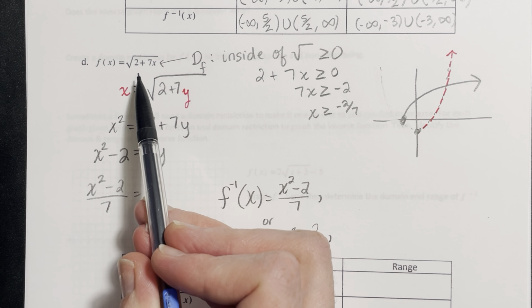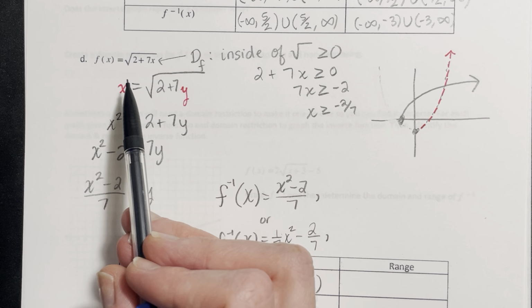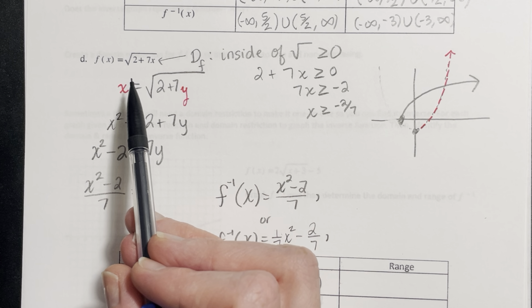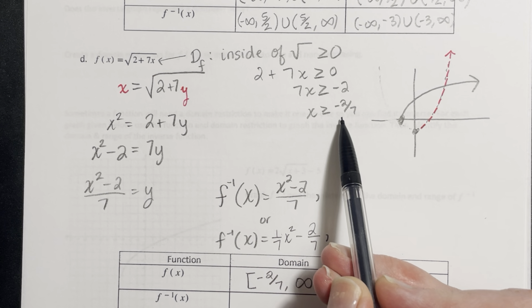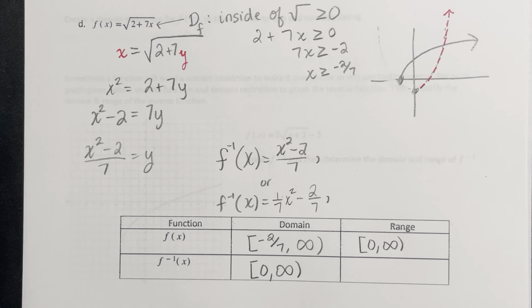So I found the domain first, but we could have also found the range because we know what a square root radical function looks like. A square root function here shifted left to negative 2/7, but it never went up or down. So its range was still 0 to infinity, which means the domain of the inverse also has to be 0 to infinity.